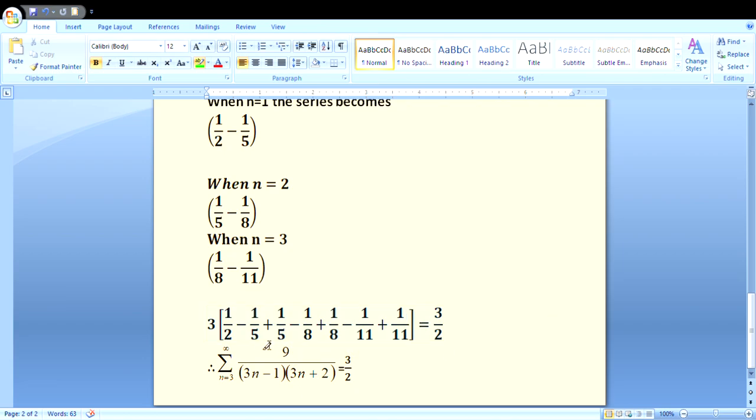So it means that the only term that survives here is the half, 1 over 2. Every other term keeps on disappearing. So for that reason, the sum of the series is just the constant outside multiplied by 1 over 2. So this becomes 3 times half, which is 3 over 2. This is how to resolve this series.